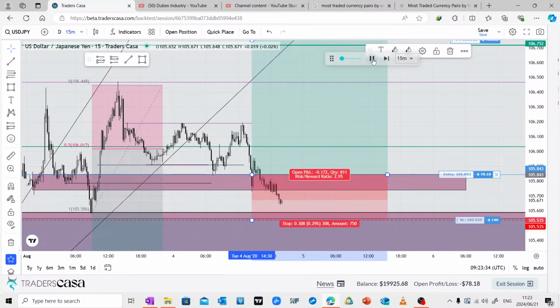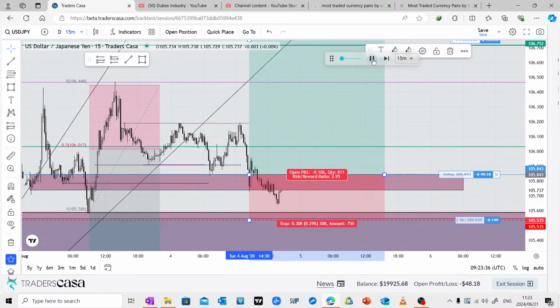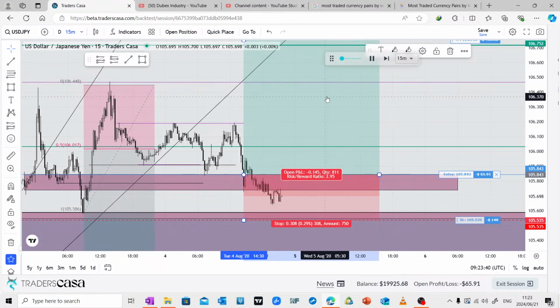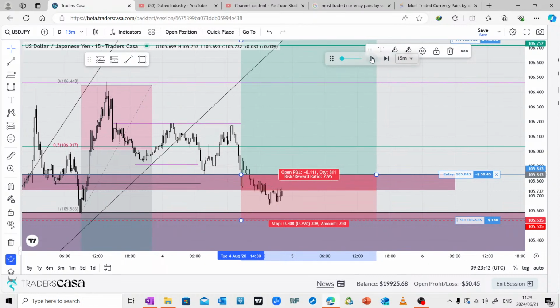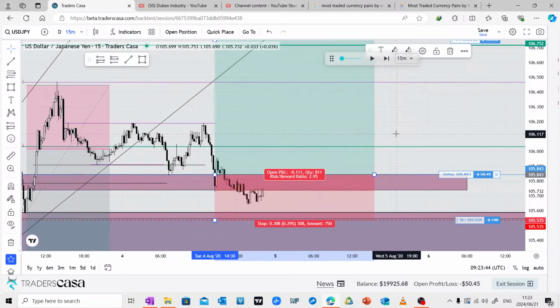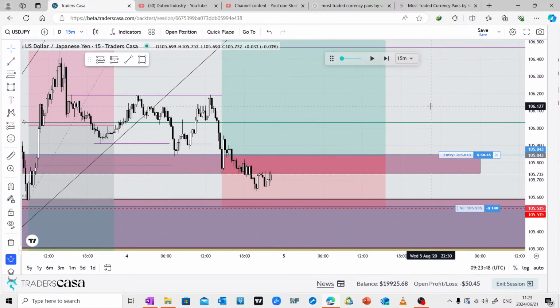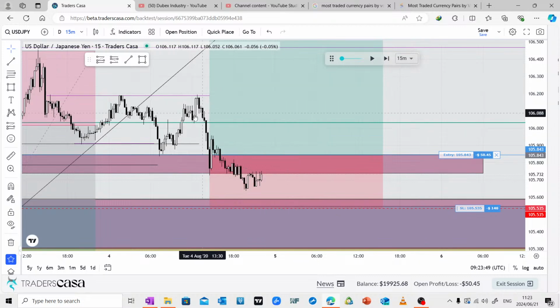Okay, got tagged out on my shorter term trade, that's 0.35. Now this is something that I'd also like to incorporate. We've got a descending channel right here. I haven't been using channels, but downtrend, got a descending channel right here.